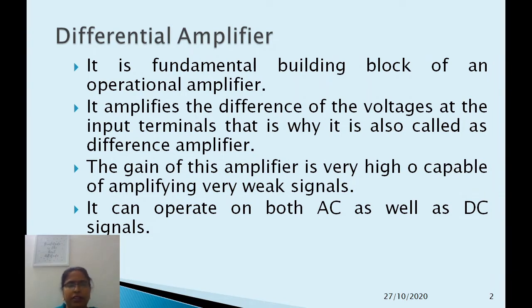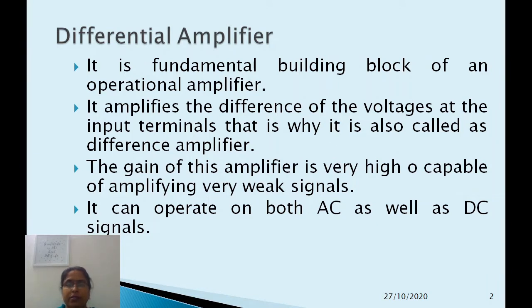A differential amplifier, as the name suggests, is an electronic circuit which amplifies the input signal, and it forms the basic fundamental building block of an operational amplifier. It amplifies the difference of the two signals appearing at the input terminals and gives the amplified result at the output.